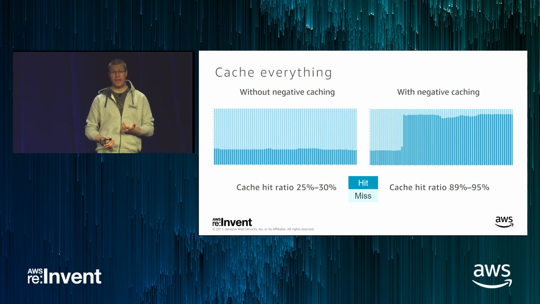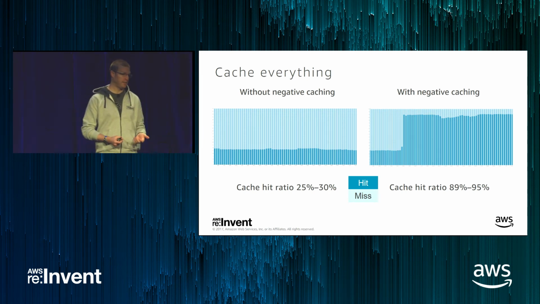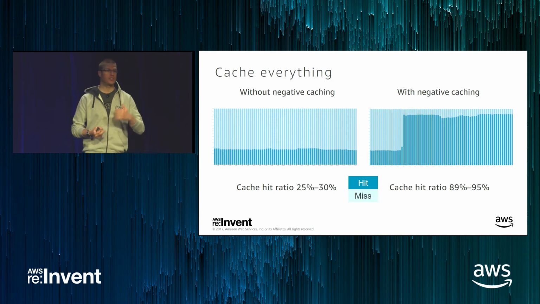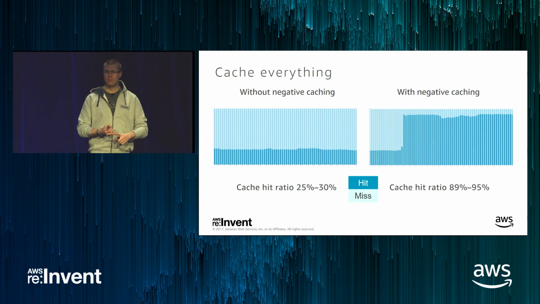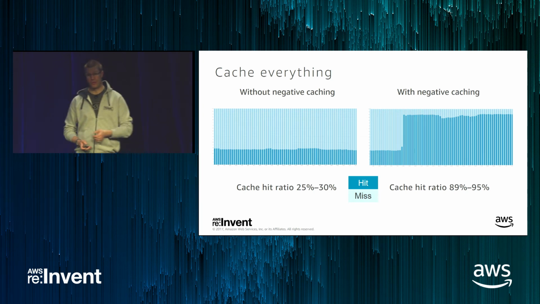And with negative caching, our cache hit ratio went up to 89 to 95%. So a huge increase in the cache hit ratio, which actually means that we don't need to ask our DynamoDB that often, which obviously means we are faster, because our cache answers a lot faster than DynamoDB, and we save a lot of money because we pay DynamoDB on the provisioned throughput.